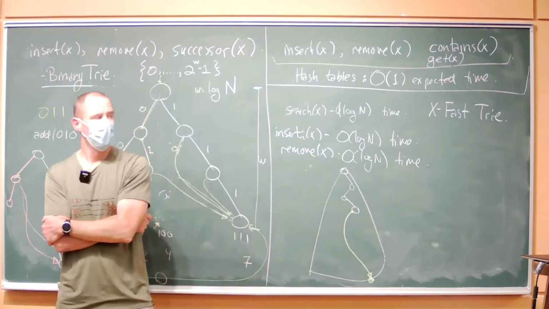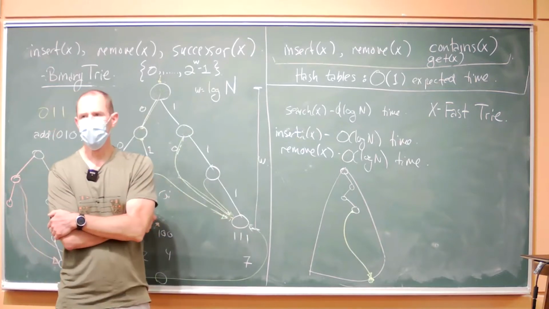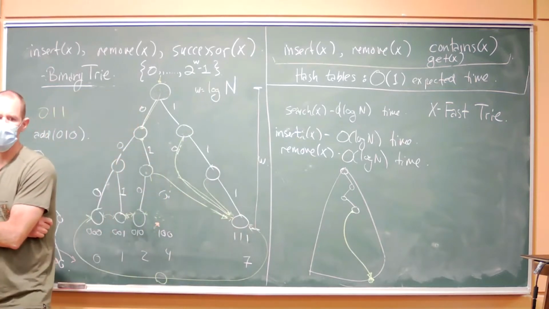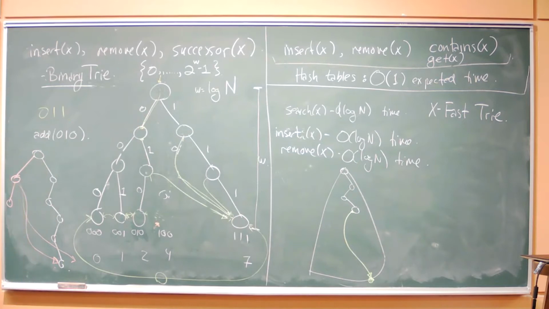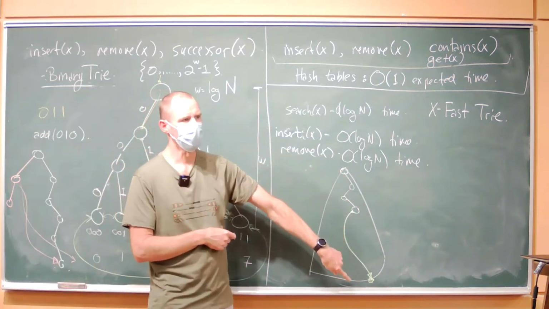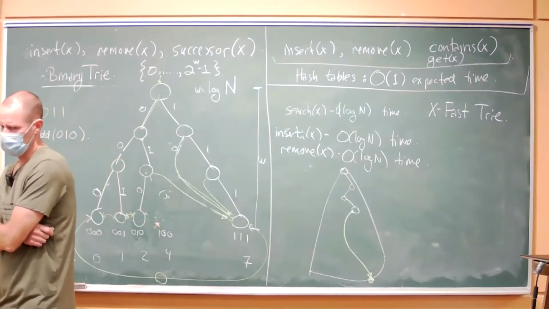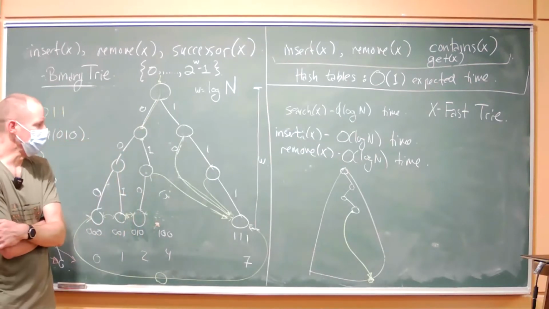And that takes W steps. We would like to find it instead in log W steps. So that means this strategy of walking and checking one node at a time is not going to work. Instead, we want something like binary search.